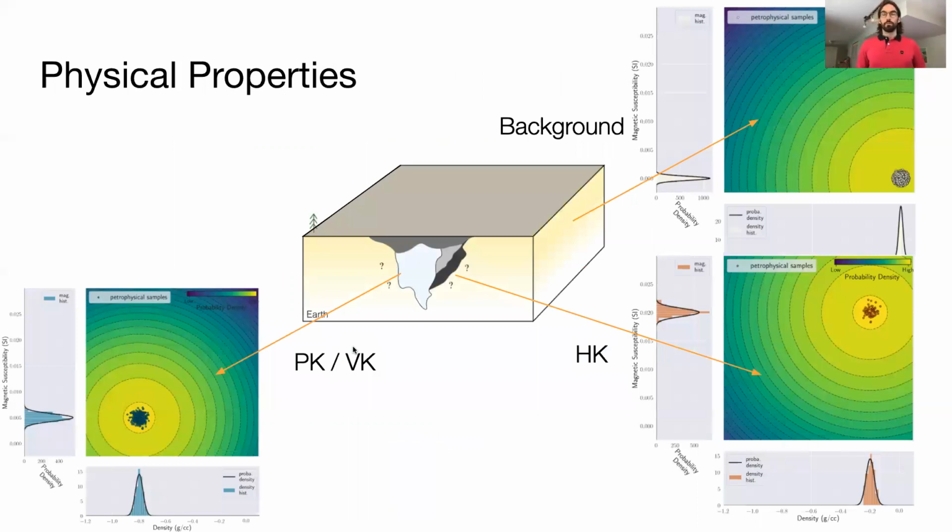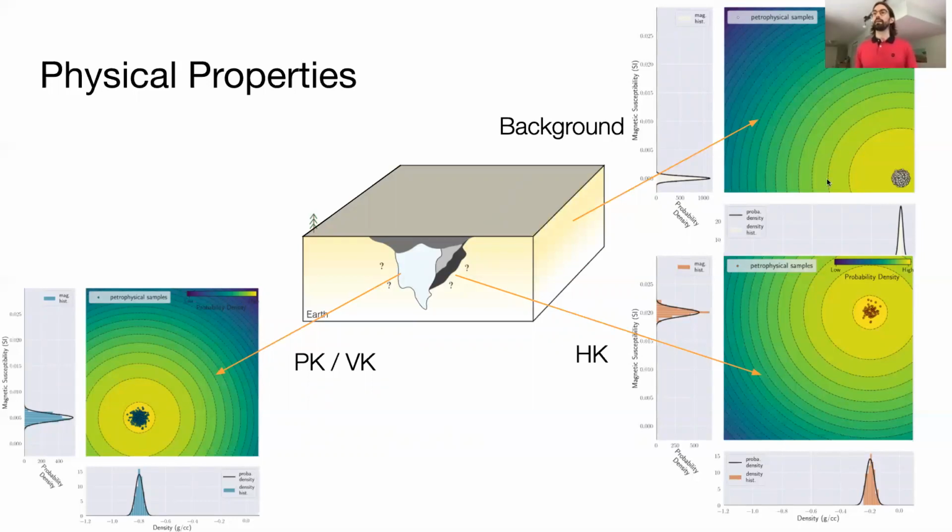So to include physical properties, we first need to model them. And as we already saw, one very common probability distribution is the Gaussian distribution. What we can do is try to characterize each rock unit and its physical properties by a Gaussian distribution.